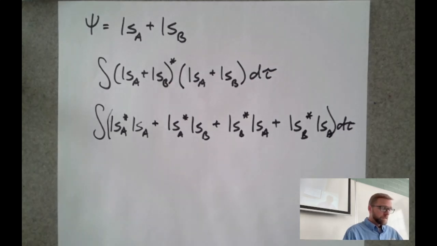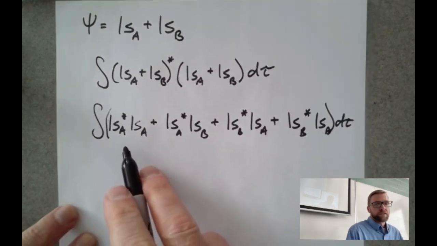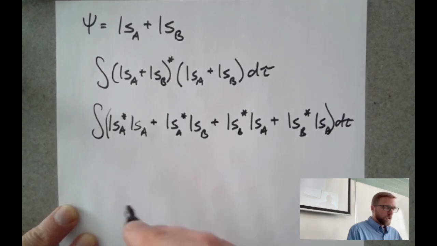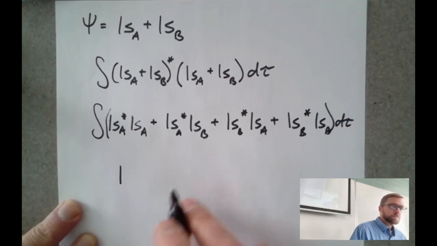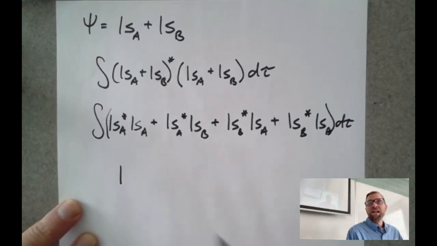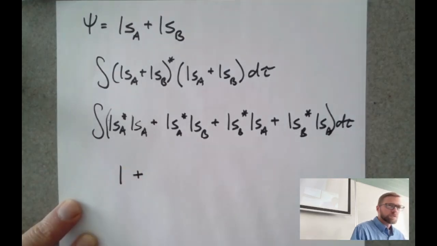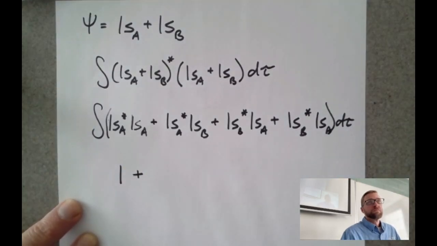All right. What does the first integral give us? It's 1 because it's normalized. How do we know it's normalized? Because we're going to work with normalized wave functions.